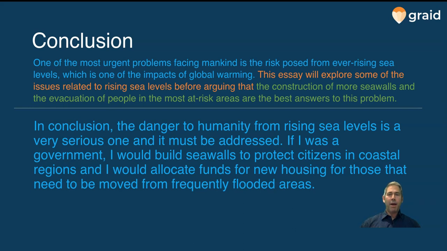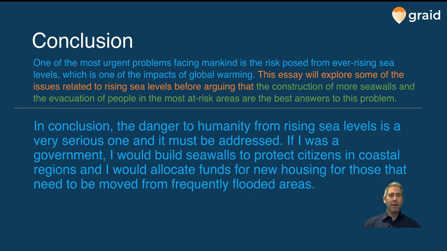So you can see I've paraphrased my position, which in this case, in a problem solution essay, is what I think the best solutions are. So, in conclusion, the danger to humanity from rising sea levels is a very serious one and it must be addressed, right? So I'm saying to the examiner that I know it's a problem and I'm going to address it.